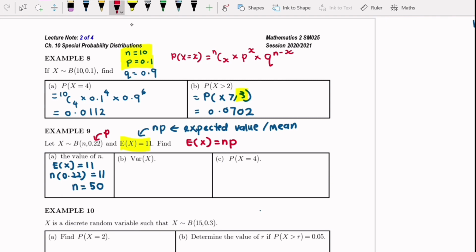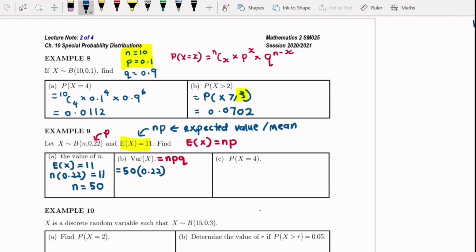For this question, we will use the formula for variance. The formula for variance is n times p times q. So, for variance of X, we already have n equals 50. Then we just substitute p, 0.22.